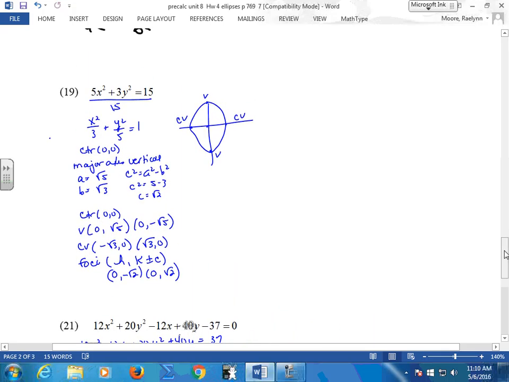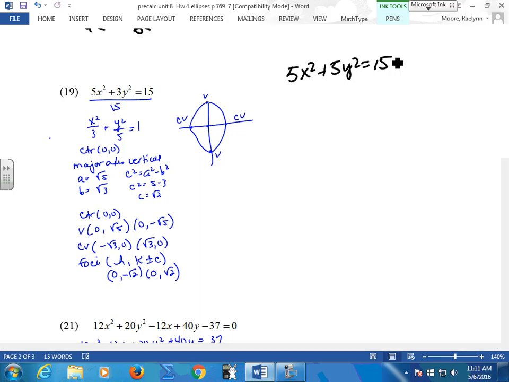Okay, this one, it looked weird, but you had an x squared and a y squared, so your center is at 0, 0. You know it can't be a circle because you got a 5 and a 3. If I had this, 5x squared plus 5y squared equals 15, isn't that technically my circle? That's technically my circle.